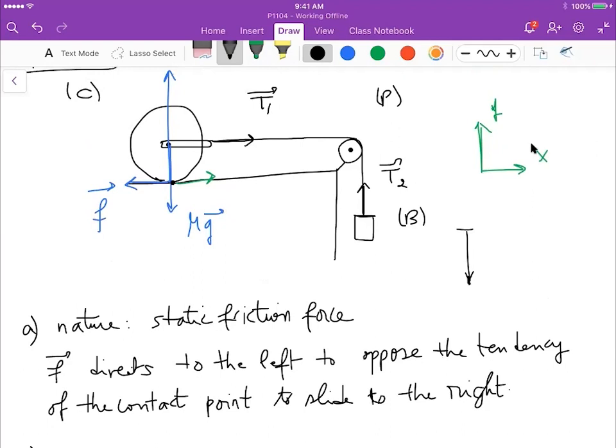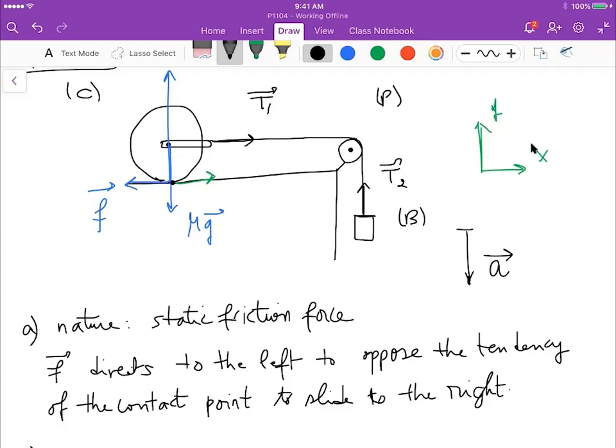It travels a distance downward, and let's call A the acceleration of the block. The block has moved downward with a given acceleration A, and since the cord is inextensible and massless, as long as the block moves, the cylinder also moves on the horizontal axis. So both of these objects will move with the same acceleration.